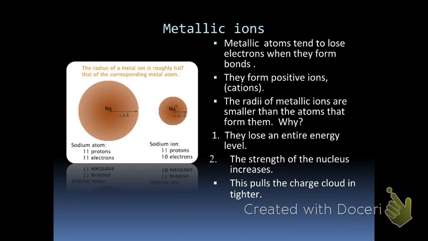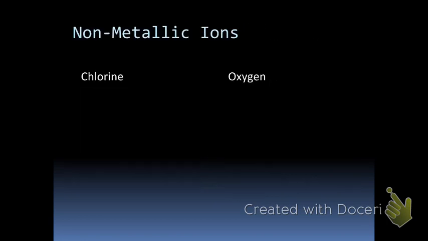Now you can think, what about nonmetallic ions? Let's think about chlorine. Chlorine is 1s2, 2s2, 2p6, 3s2, 3p5.